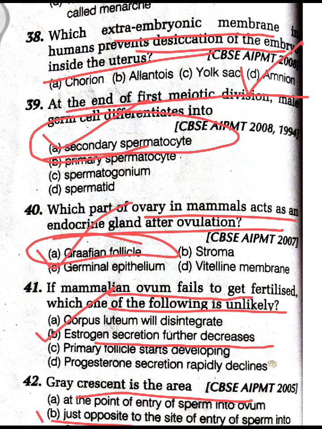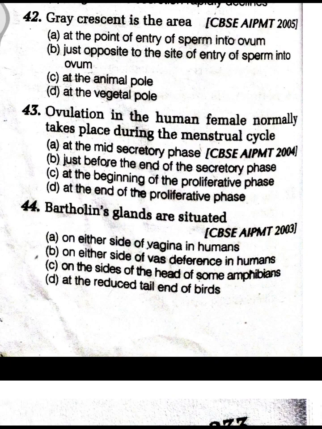So option number B is the right answer. Ovulation in human female normally takes place during the menstrual cycle on the 14th day, which is the end of the proliferative or follicular phase. So option number D is the right answer.